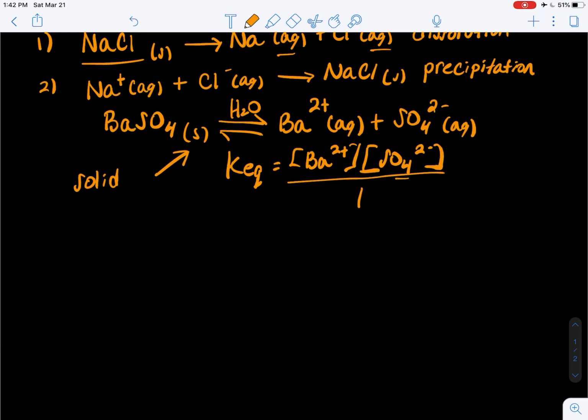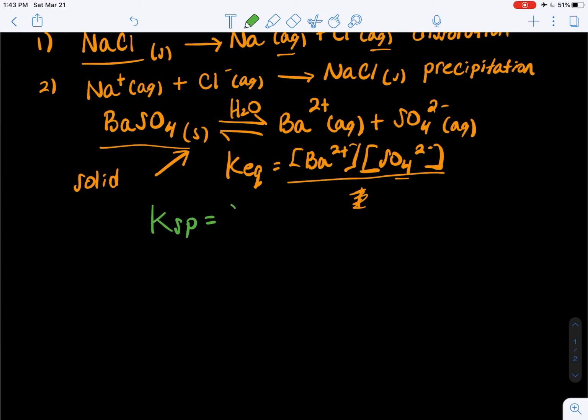The activity of barium sulfate is 1, so we usually just leave that off. And we have a special name for this. This is the solubility product principle. Basically, the equilibrium constant is equal to the concentrations of the ions raised to the power of the coefficient in the balanced chemical equation. And we call this the Ksp.